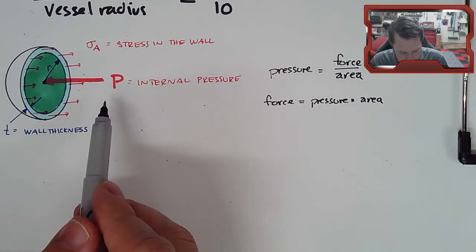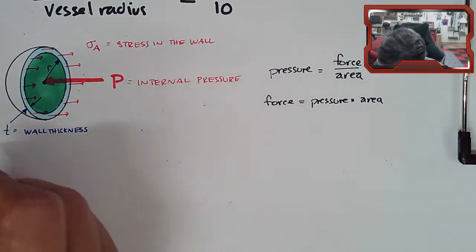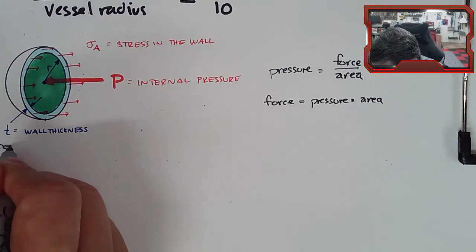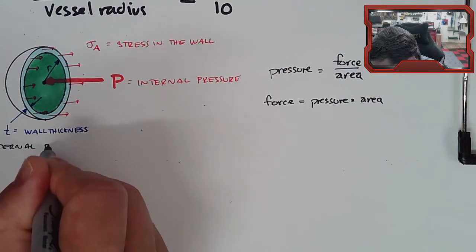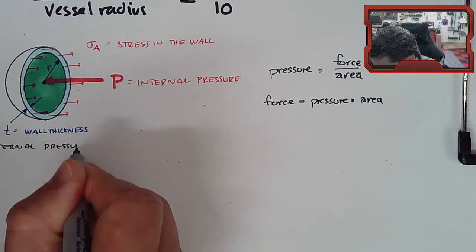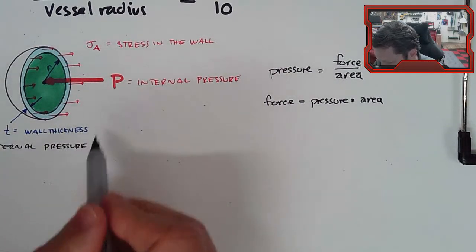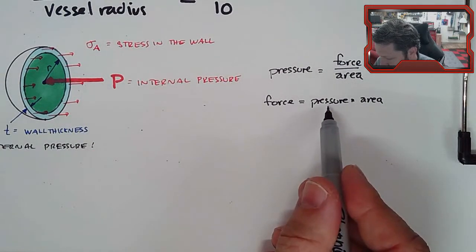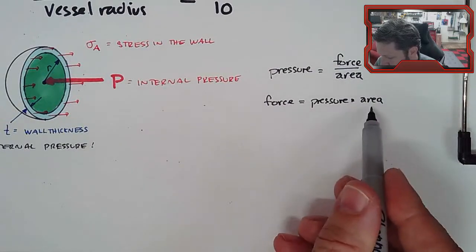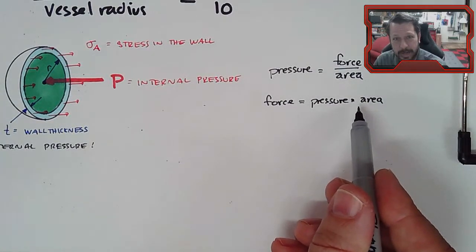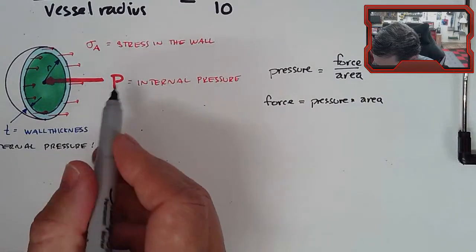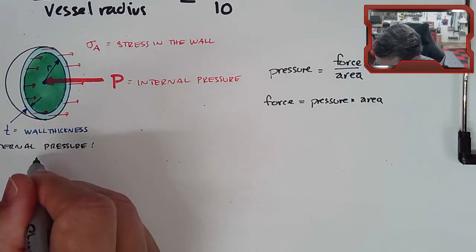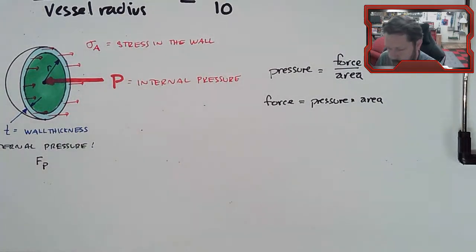So if we think of this internal pressure, the force associated with this internal pressure would be that pressure times the area that the pressure acts on. So we would have, let's just call it force associated with pressure, F_P.